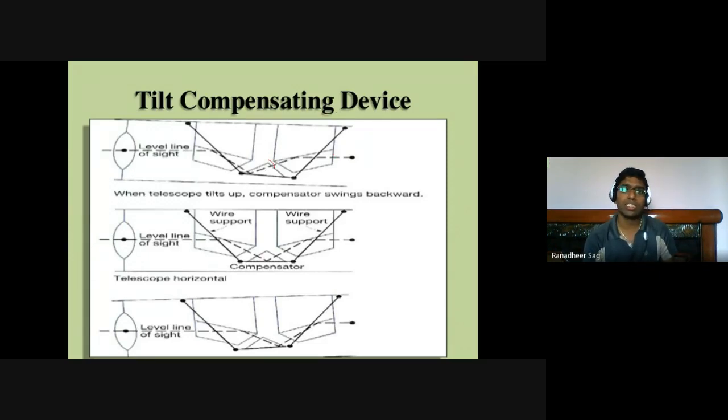It is compensating for the effect of that improper position of your level. So the telescope orientation may not properly indicate the level, but your line of sight is going to be properly horizontal. That you are going to achieve with the help of what is called your tilt compensating device.